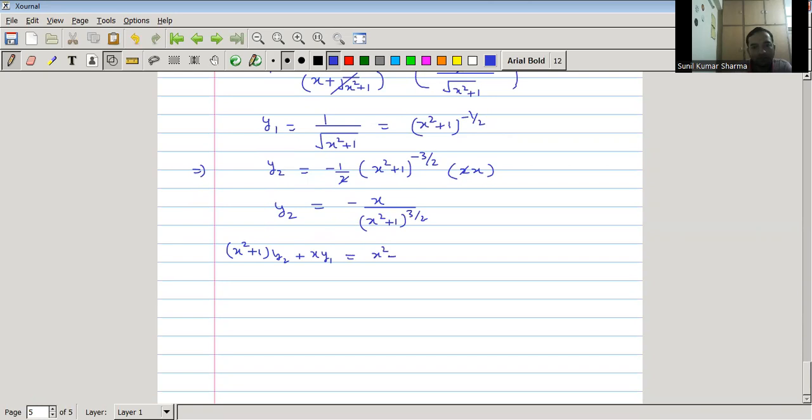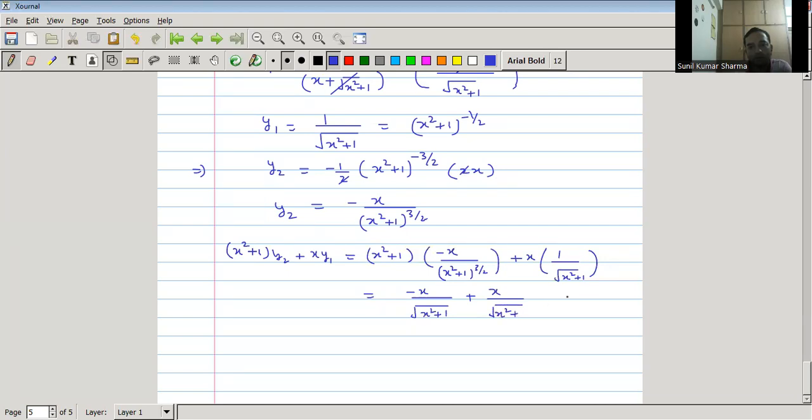So x square plus 1, what is y2? This is minus x upon x square plus 1 to power 3 by 2 plus x into y1. y1 is 1 upon under root x square plus 1. So x square plus 1 and x square plus 1 to power 3 by 2, when we cancel this, it becomes minus x upon under root x square plus 1 plus x upon under root x square plus 1.